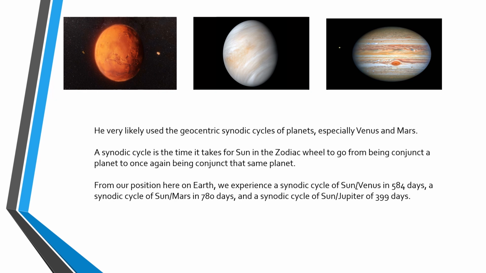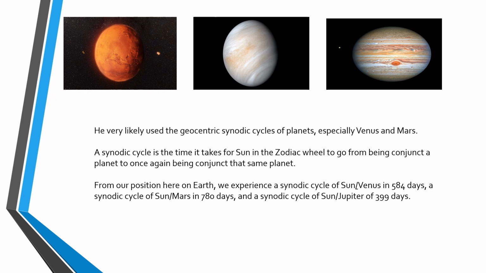We can see that there is a synodic cycle of Sun and Mars that takes 780 days to play itself out. And there is a synodic cycle of Sun and Jupiter that takes 399 days.